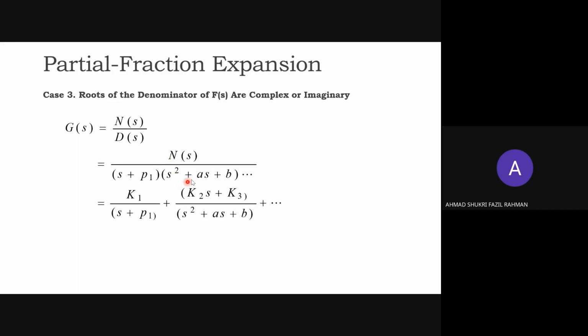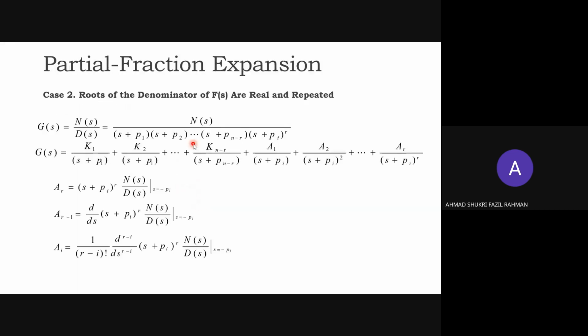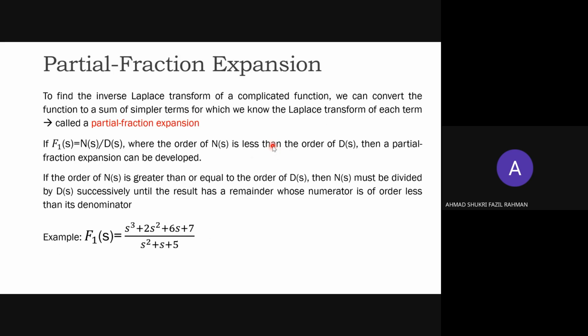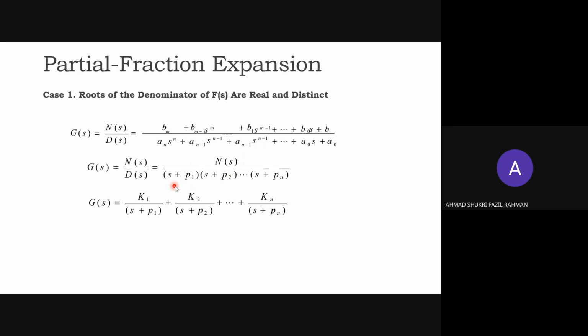So if we find the value of s for the first term, second term, up to the final term, the n-th term, P1, P2, and Pn would be the roots, in negative value.